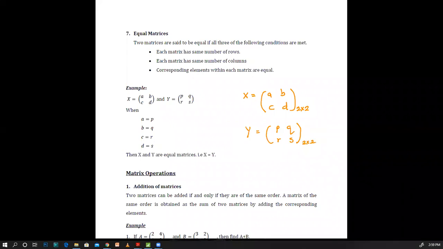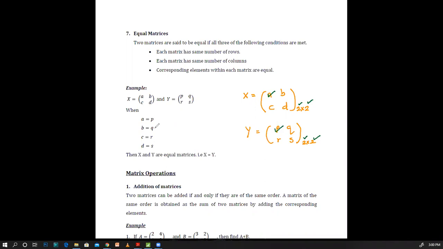And it is given that these two matrices are equal to each other. Now the first condition is satisfied, the number of rows is equal. Then the next thing is that the number of columns is equal to each other. And if you look at the corresponding elements, in the equality given, A equals P, it is okay.